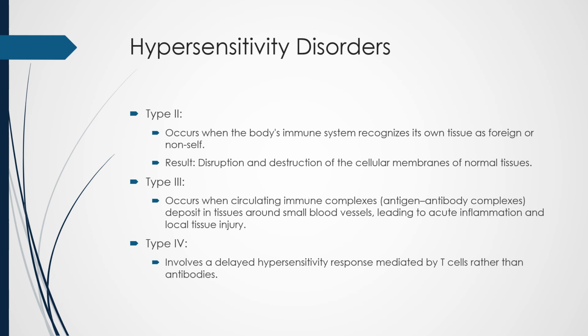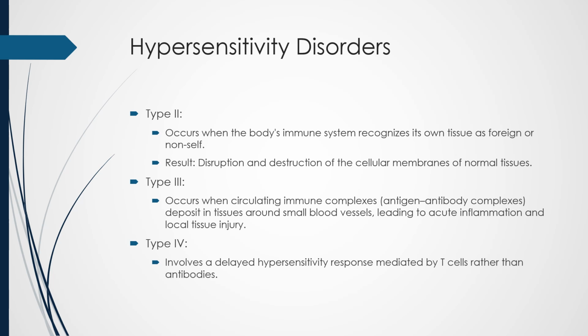Type 3 hypersensitivity or immune complex disease occurs when circulating immune complexes deposit in tissues around small blood vessels, leading to acute inflammation and local tissue injury.